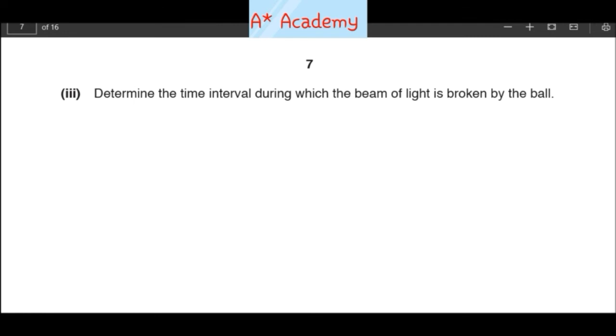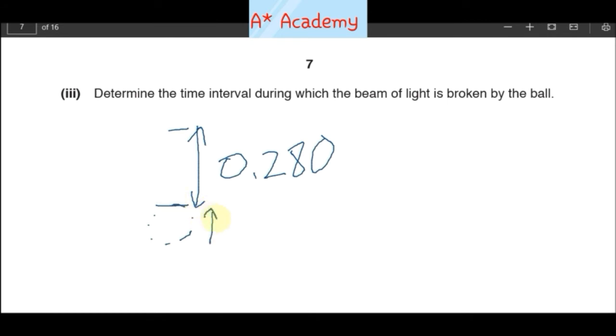Here what we're going to do is find the time taken by the ball to move through a distance of 0.28 plus the diameter of the ball, which is 0.08 meters.